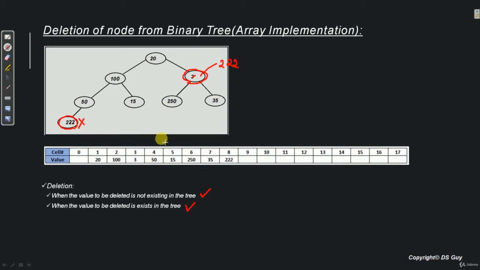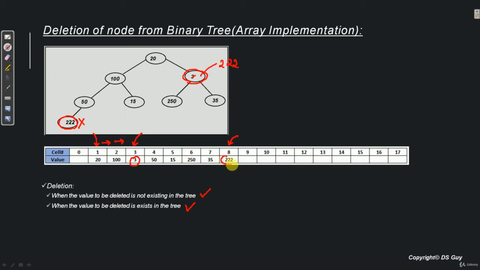Now since this is an array implementation, it is very simple to do this operation. All that we have to do is start from the first cell, keep traversing towards right until we reach the cell number from which we want to delete. So in this case, we want to delete this number 3. So this is step 1 where we have identified that cell number 3 is the one that needs to be deleted. Now next, we go to the last cell and identify that this is the deepest cell.